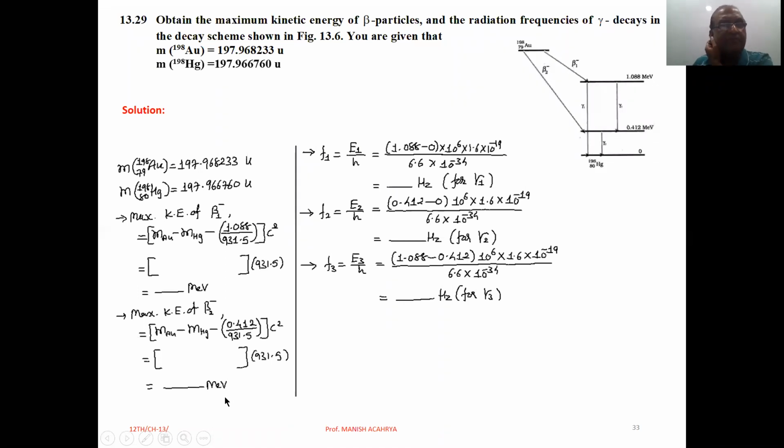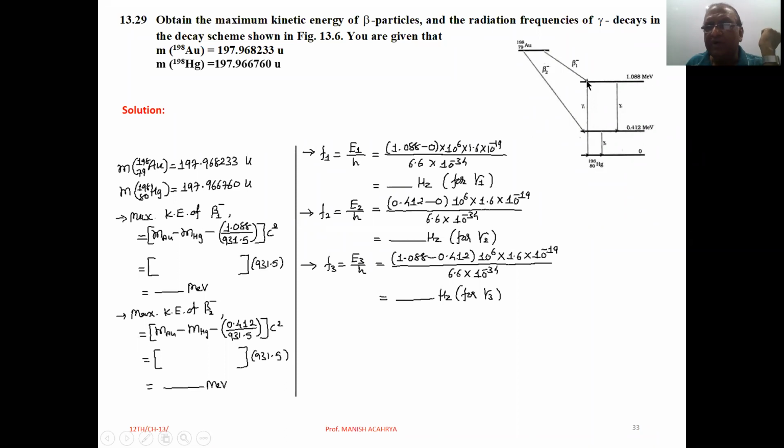And here the frequencies of radiation emitted, frequency F1, is equal to E1 upon h. Now here, three possibilities are there.